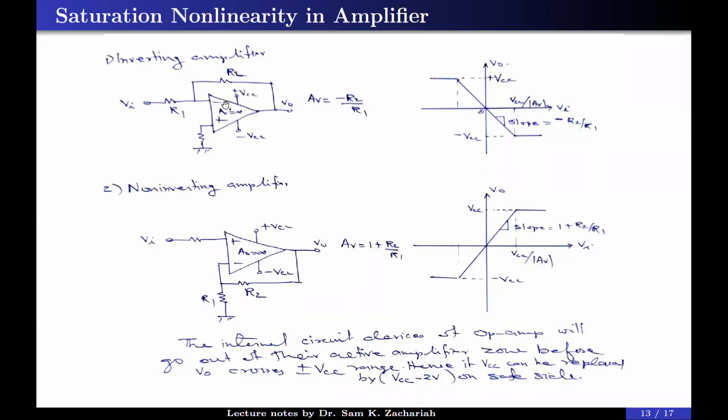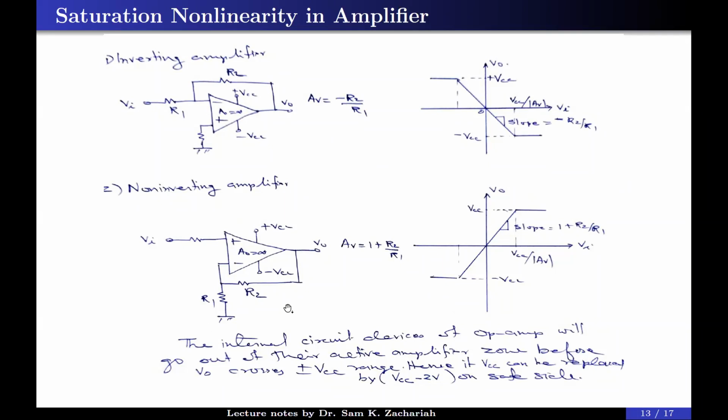Thereby the very large amplification property is lost, and hence the ideal equations are no longer valid. Finally, this will get clamped, or saturated, to either the plus side VCC or minus side VCC. That is what is shown here. So if we increase the input voltage VI beyond a certain range, the output will saturate at minus VCC or plus VCC. So this is the saturation nonlinearity curve associated with an inverting amplifier.